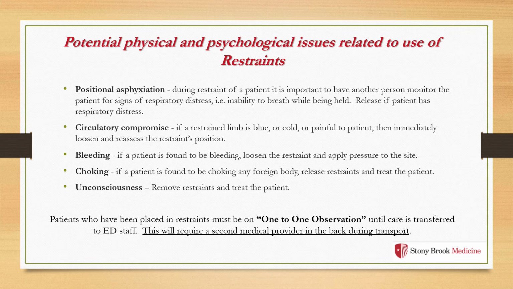If a patient is found to be bleeding, we need to loosen the restraint and apply pressure to the site. If a patient starts to actively choke, remove the restraints and deal with the choking patient. And lastly, if they become unconscious, we need to remove the restraints and treat the patient because they're no longer a threat.